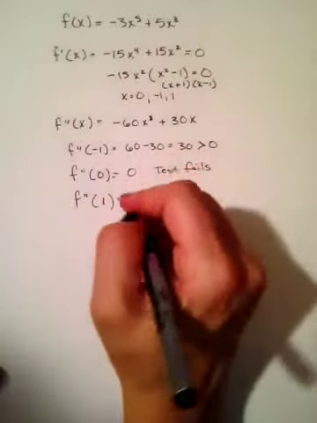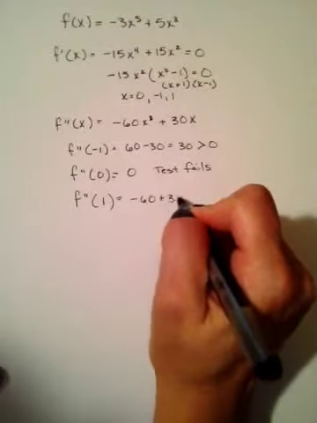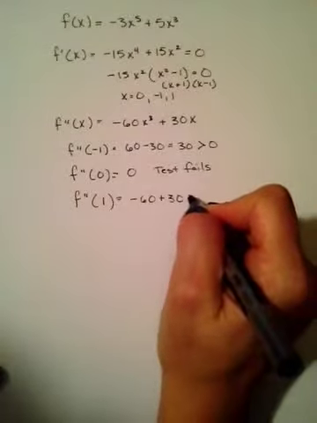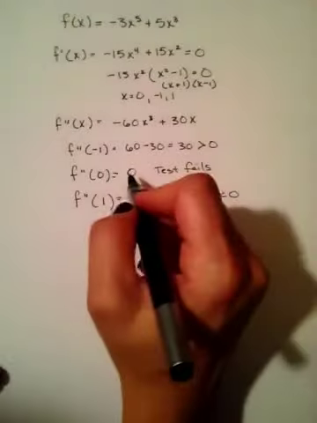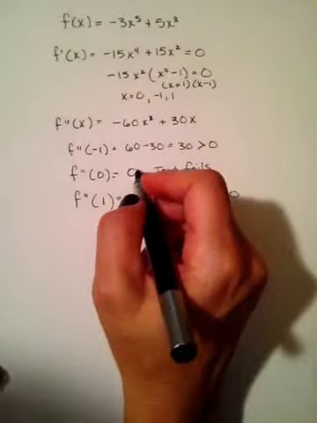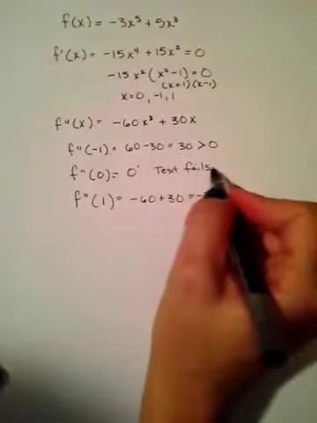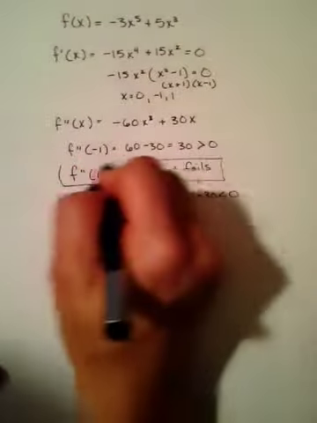If I plug in 1, I get negative 60 plus 30, and that is equal to negative 30, which is less than 0. So at 0, I have to go back and do the first derivative test, so I'm going to actually be plugging things into the first derivative, which I'm not going to do right here because the point is the second derivative, but more work to be done right there.